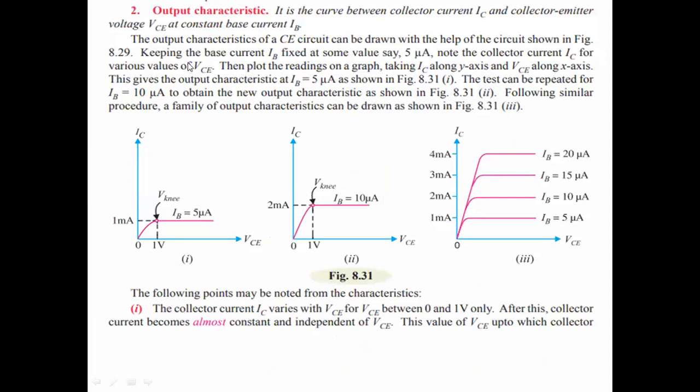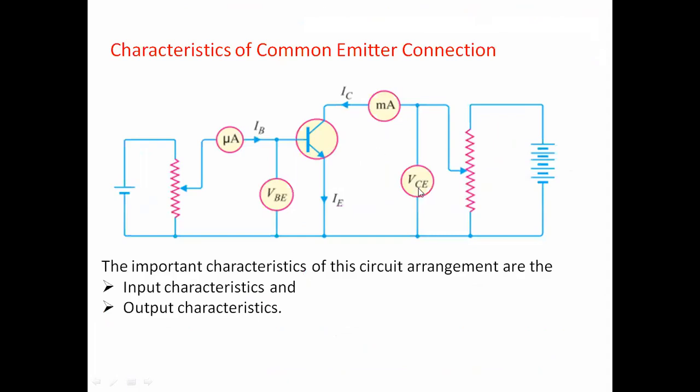Similarly, the output characteristics. This output characteristics is obtained when the IB current is constant. In this circuit, we will measure the IC with respect to change of the VCE when IB current is constant. When IB is kept constant, we will increase the VCE and measure the IC.